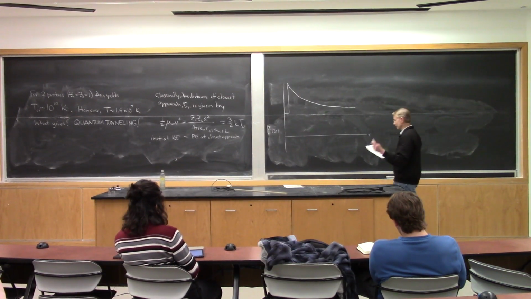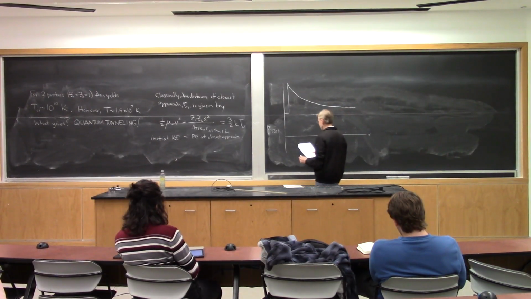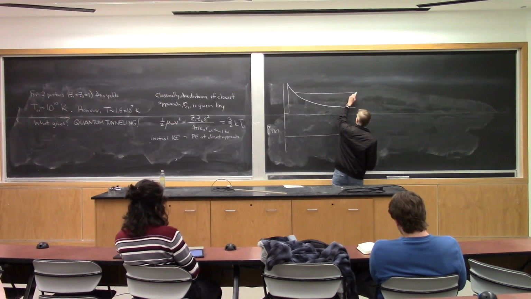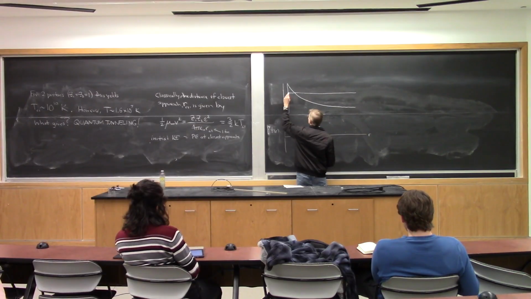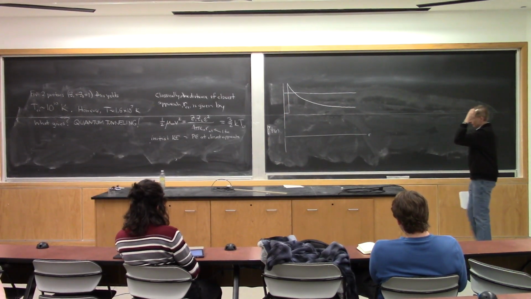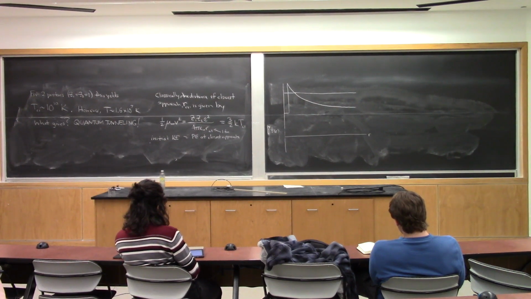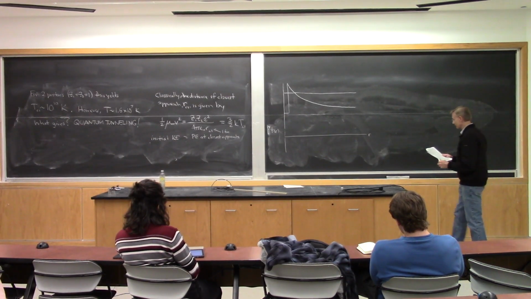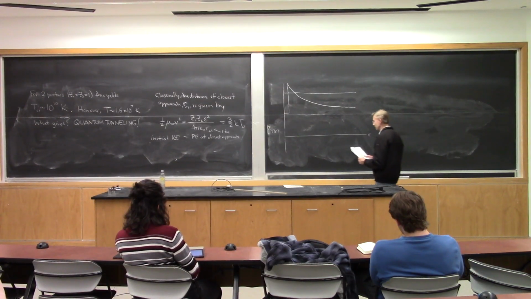Let's suppose our incoming particles have this much energy. And again, we're really looking at this from the standpoint of the equivalent one-body problem, which you can do in quantum mechanics as well. You can write down the wave function of the reduced mass and look at it from that point of view.